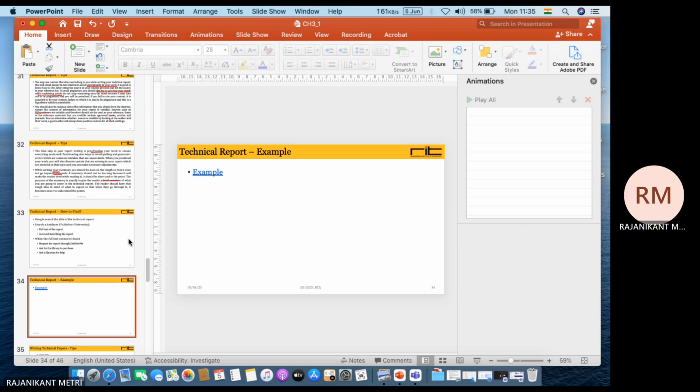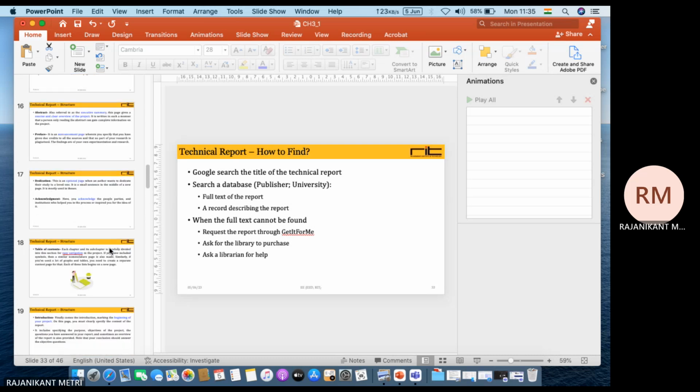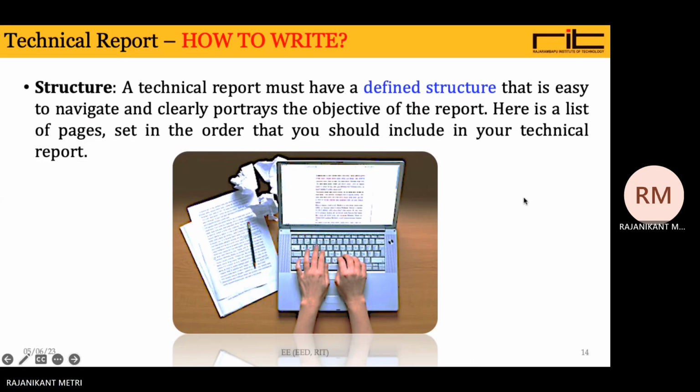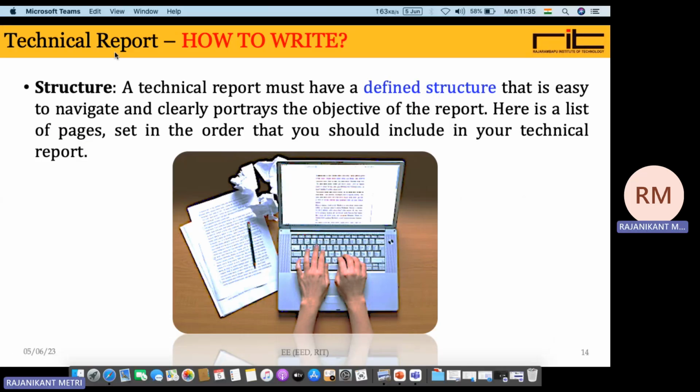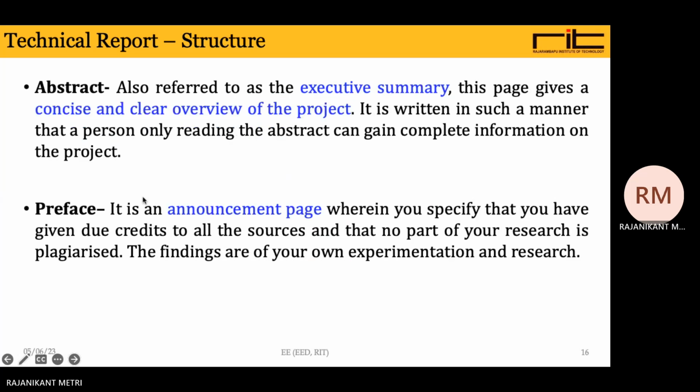So we quickly revise what we have seen. Your report structure should include the cover page, title page, then abstract, executive summary, which may be of 300 to 500 words or 500 to 700 words, a finite number of words, and it should be concise and clear.